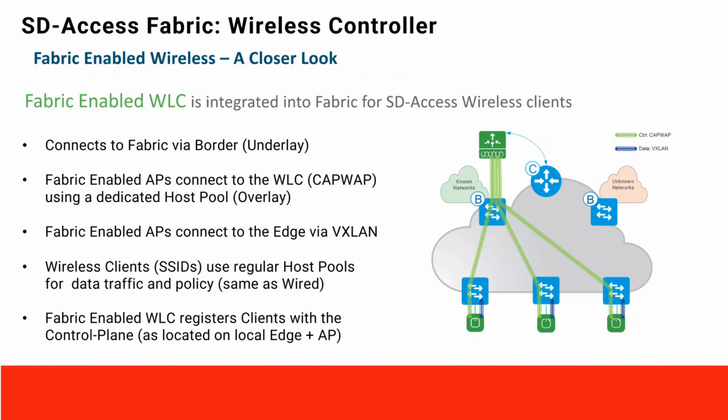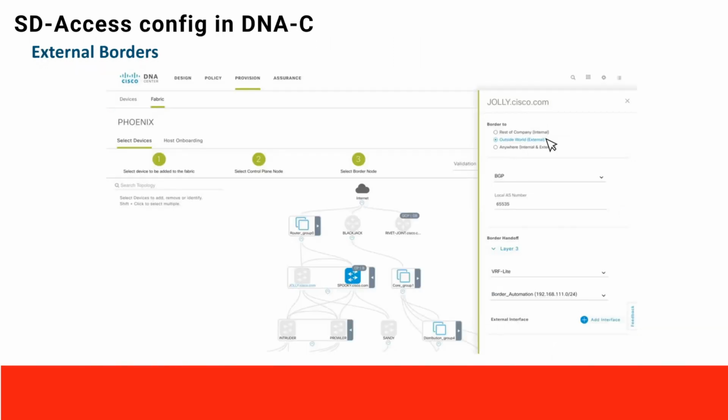So these border nodes are basically the Cat9K switches, correct? Yes. And these Cat9K switches will in turn be connected to some particular router, right? Yes, it is known as the fusion router. We have an external connectivity session dedicated for that, wherein we will discuss the configuration part and more specifically what the fusion router is and how it connects.